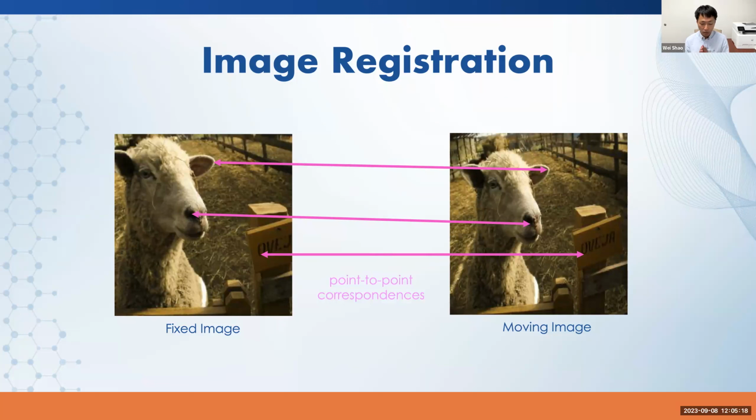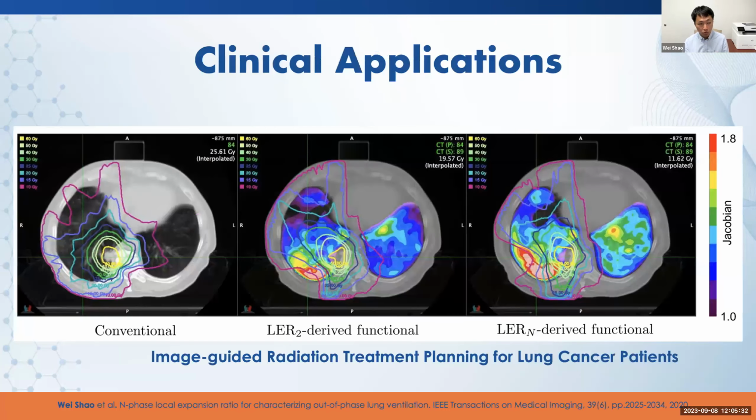It has many applications. For example, you can use image registration to bring different imaging modalities into the same coordinate system for voxel-wise or pixel-wise comparison. You can also use it to keep track of the motion of your organ. Here I'm giving an example of image registration of 4-dimensional CT images, which means you take a CT image at different time points.